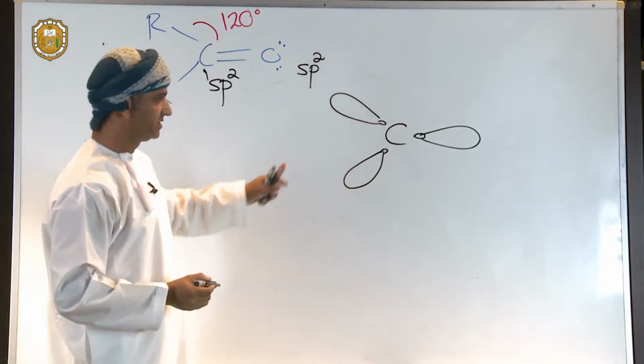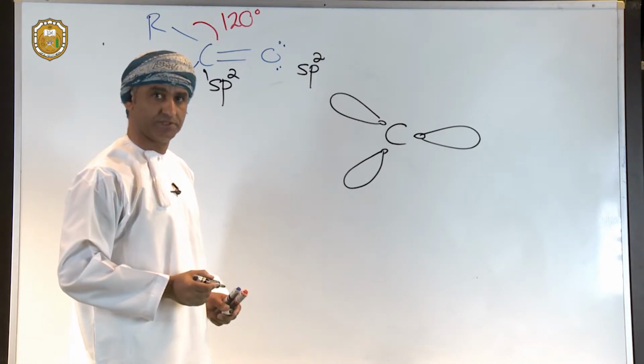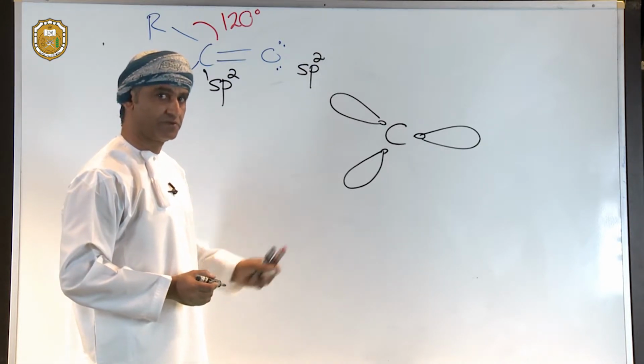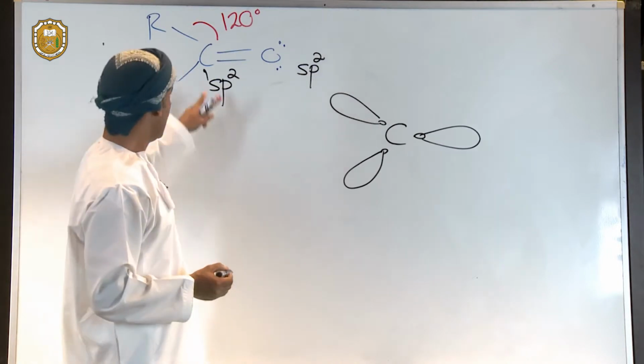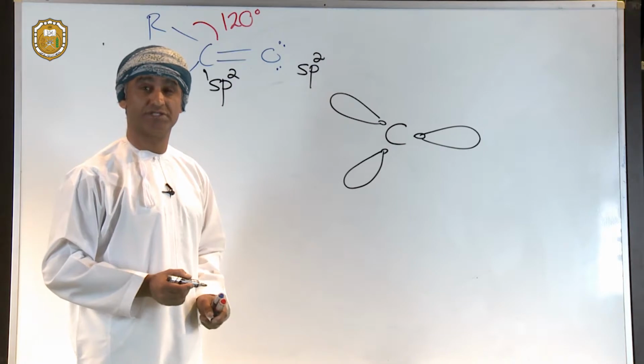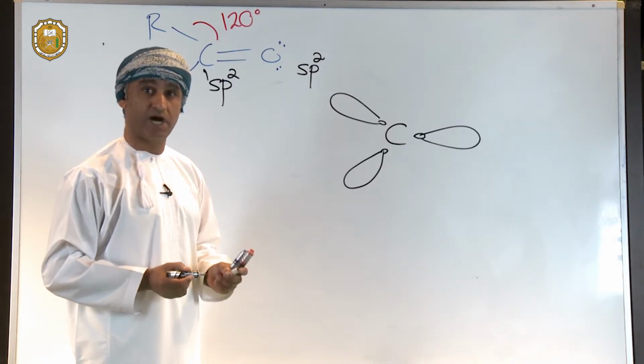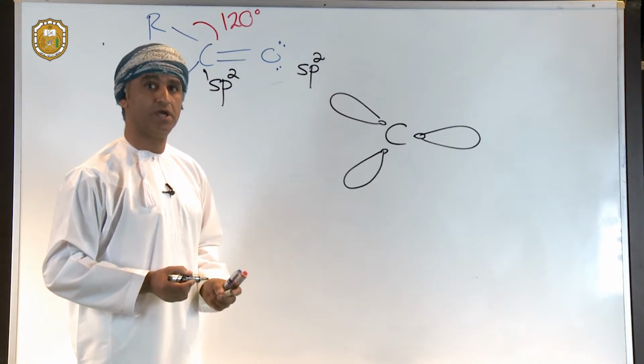So each of these orbitals is an sp2 hybrid orbital, and there are 3 of them. Well, carbon is bonded to oxygen, and the hybridization type of oxygen is also sp2. So there should be 3 sp2 hybrid orbitals on oxygen.